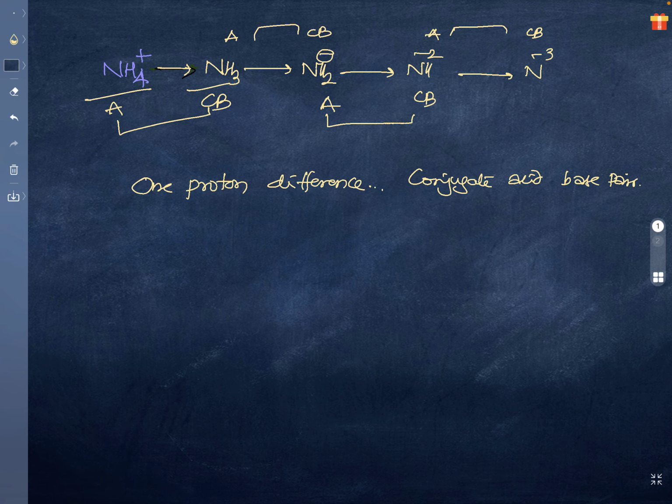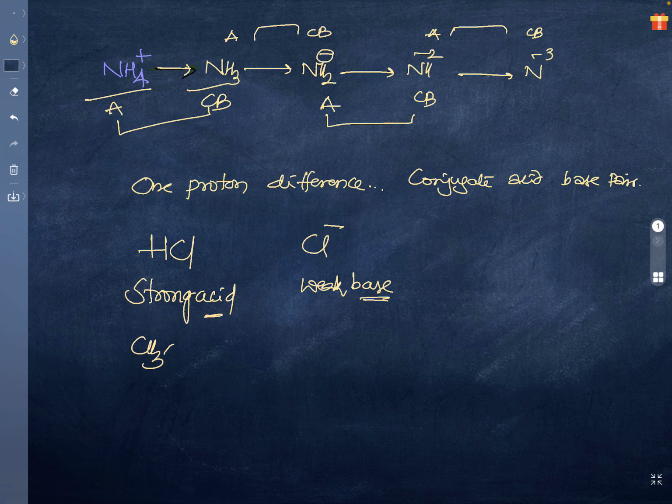What we need to remember here is, for example, HCl is a strong acid. When HCl is a strong acid, Cl minus, its conjugate base, is weak. If acid is strong, its conjugate base is weak. If base is strong, its conjugate acid is weak.